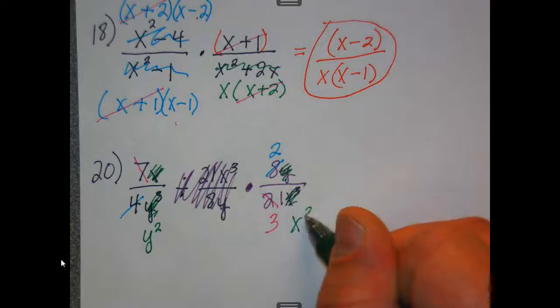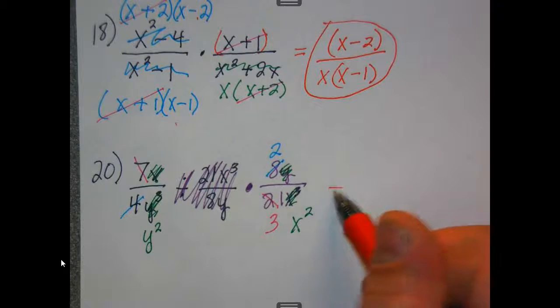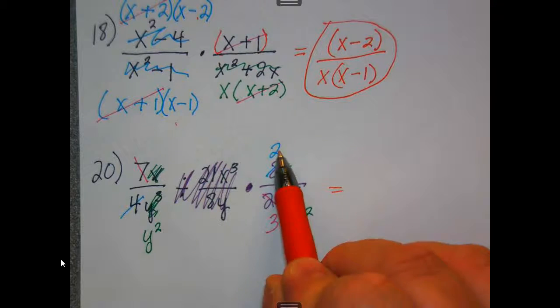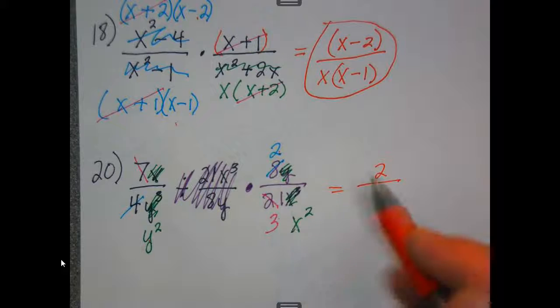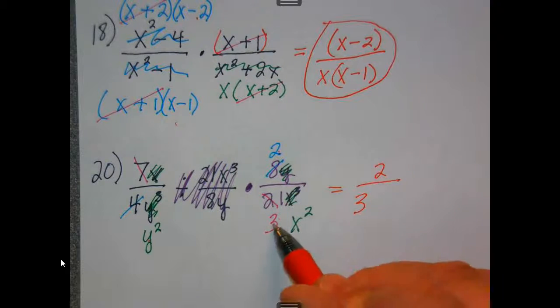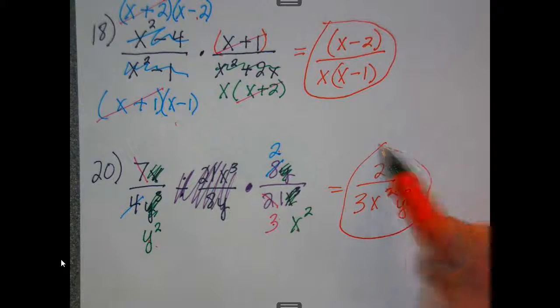So I get x squared on the bottom. So I have 2 divided by, I'm going to put my number first, 3x squared, y squared. And I'm done.